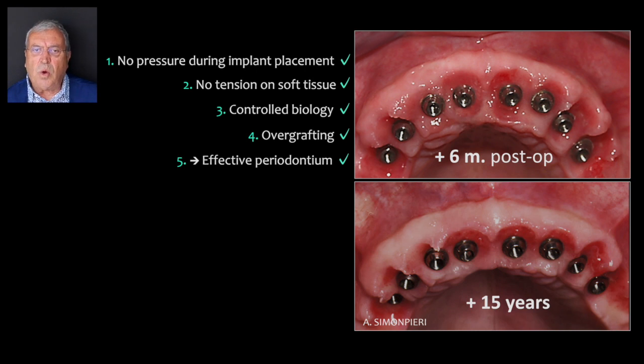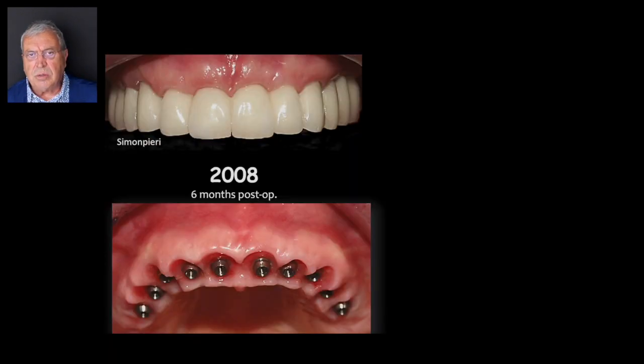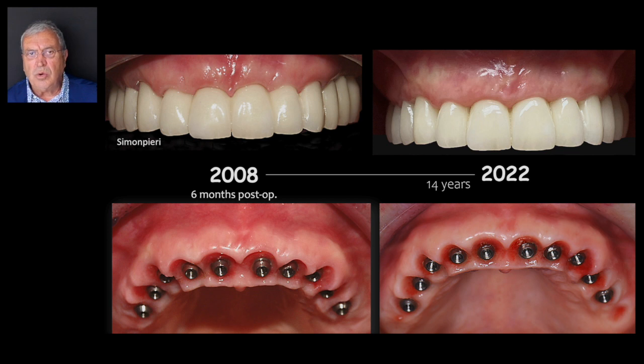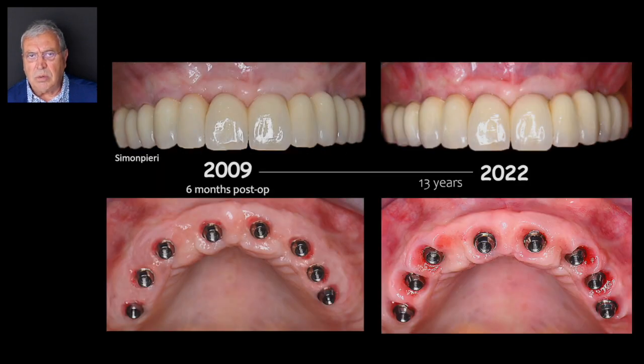And then, what will happen after 15 years? Nothing. Even after 14 years, there is no reason to lose any bone. After 13 years, there is no reason to lose any bone.